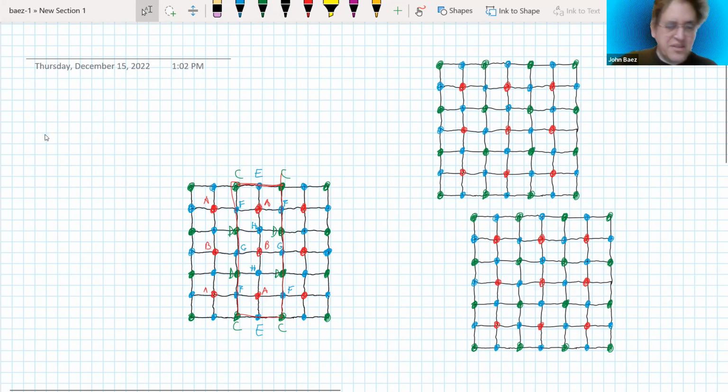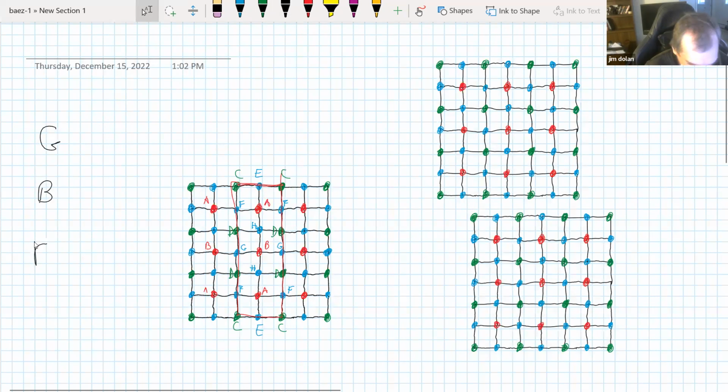Okay. That's right. And so we have green ones and blue ones and red ones. So what happened? I did it in some different order than usual. So A and B are down here. A and B are red, is that right?